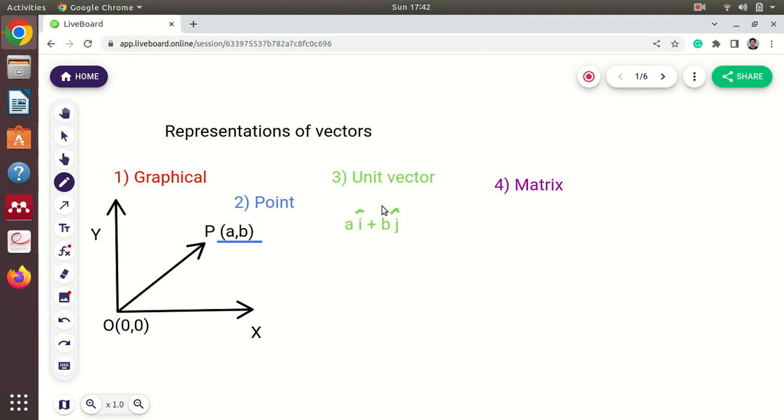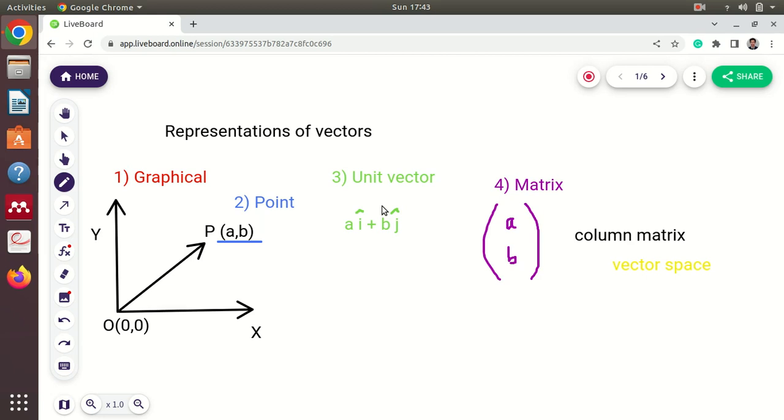The last one is matrix representation. Here I can write the same vector as a column matrix. This column matrix notation for a vector is also called a vector in a vector space. So what is a vector space? You can say that it is a space in which we have some vectors.